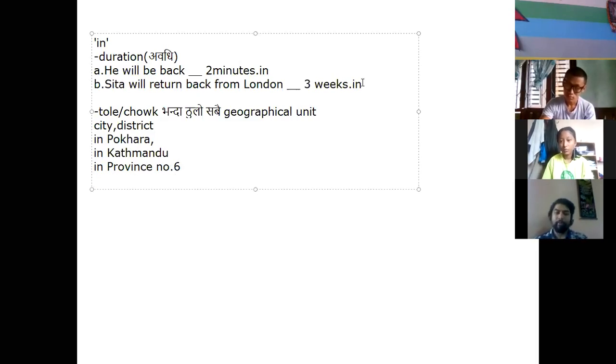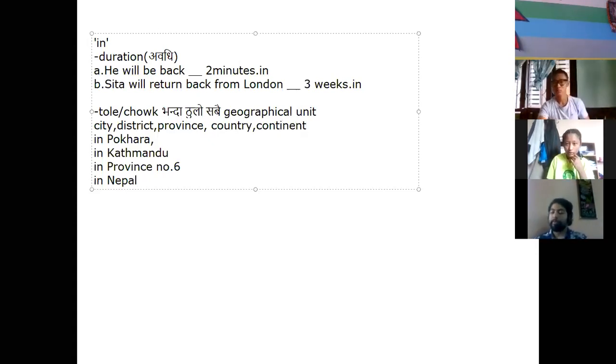So what is greater than province? The entire country. In Nepal, in the United States, in India. And bigger than country is continent, right? A continent is composed of many countries.